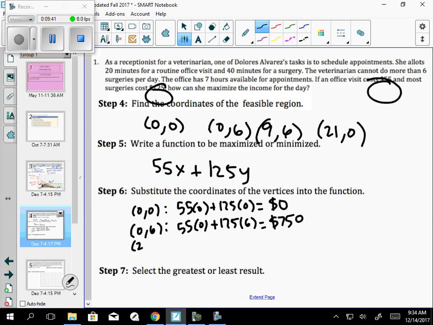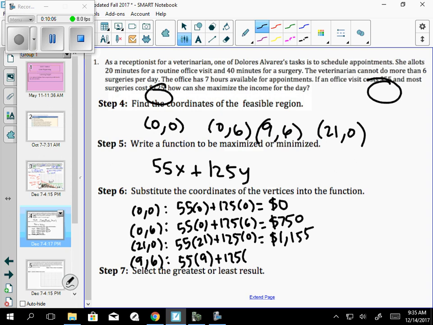Let's keep going here. If she does only office visits, 21 of them, it'd be $55 times 21 office visits. No surgeries though, so she's not getting any money from there. This is going to be a little bit more here. She would make $1,155. Last, let's check that combination of 9 office visits, 6 surgeries, so we'd want to take 55 times 9 and 125 times 6.